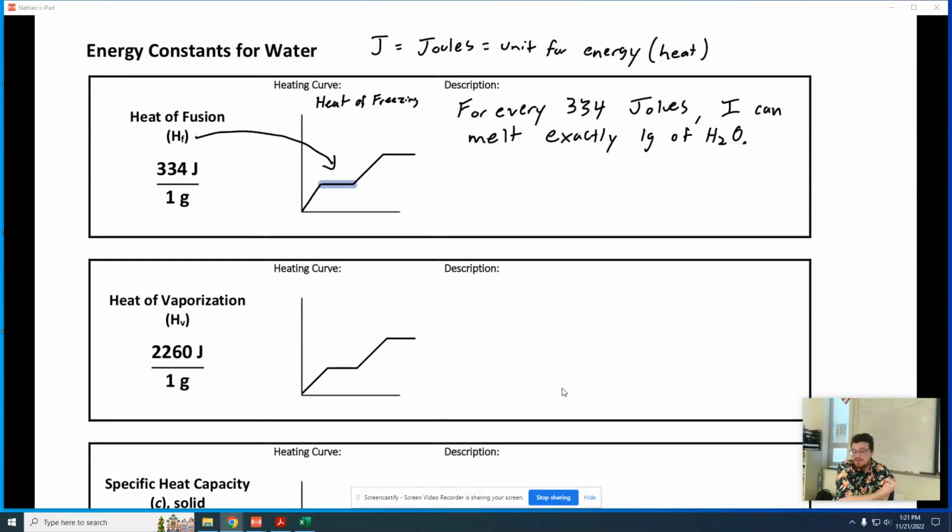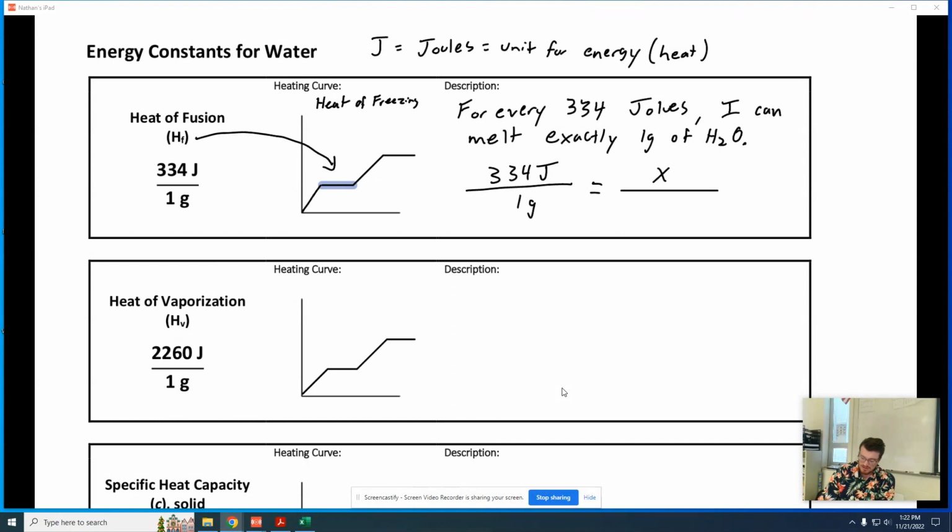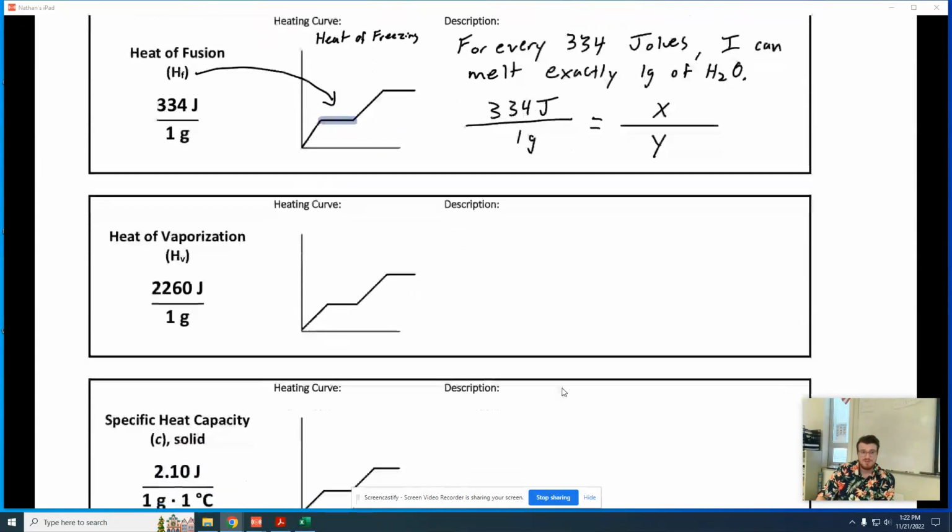And the reason that's helpful for us is because we could always set up a proportion where we take our 334 joules per every 1 gram. Sorry, sometimes my J's look a little bit like 5s. And we could set that equal to either the amount of energy that we have in the question over its mass, or the mass with the energy up on top. And then we could set up a proportion and solve these questions.